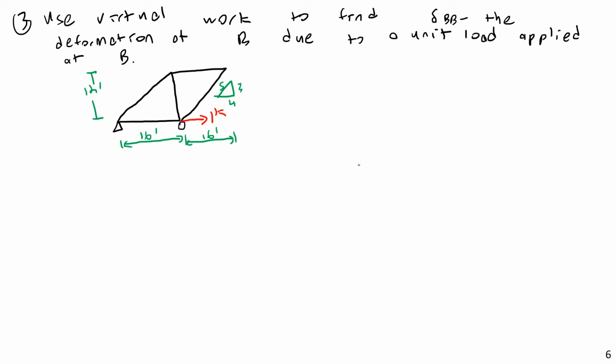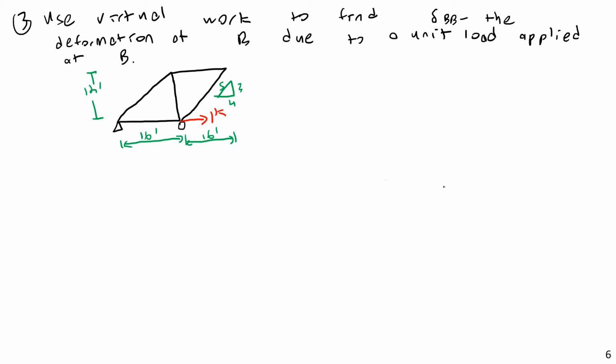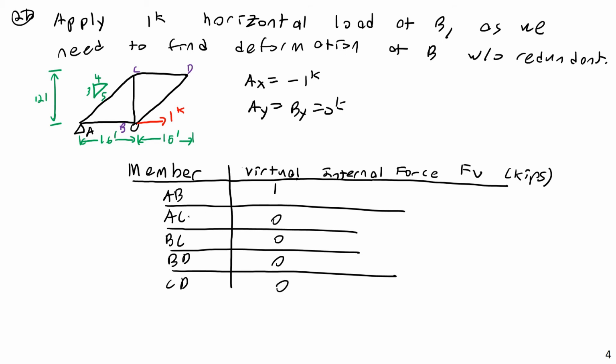So now consider this for a moment. We are kind of using virtual work here in a way that it's really not necessarily intended to be used. Because if I look at the equation for virtual work for trusses, I have this 1 kip times delta, or 1 times delta equals FV times FL over AE. However here, the load distribution in this is going to be the same as the load distribution in this problem here, because it really is the same problem.